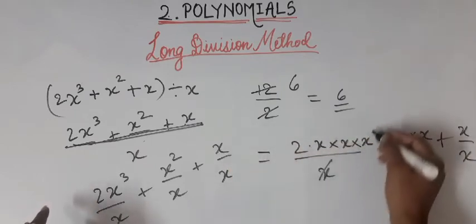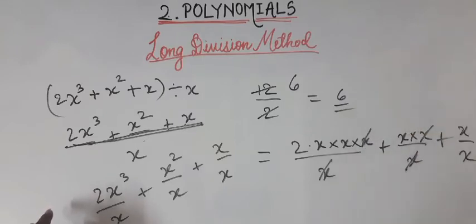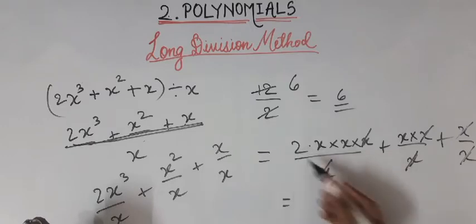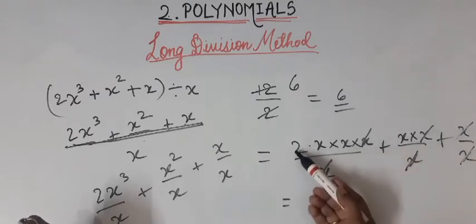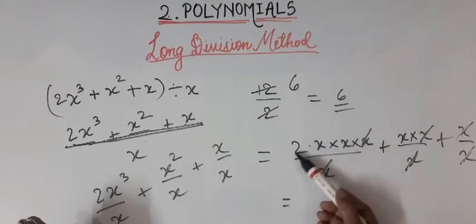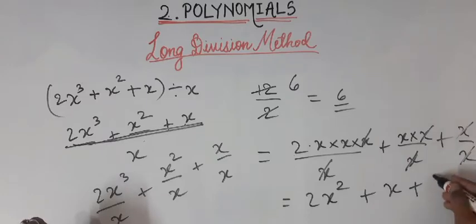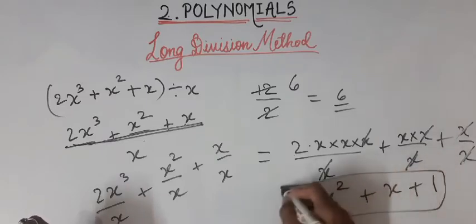Now see, this x cancels, this x cancels, and this whole cancels. What remains? In the denominator nothing is there now. So what will you have here? 2 into x into x, x into x is x square, so 2x square. Plus here only x is remaining. And here both x got cancelled, so what is there? 1. So this will be your answer.